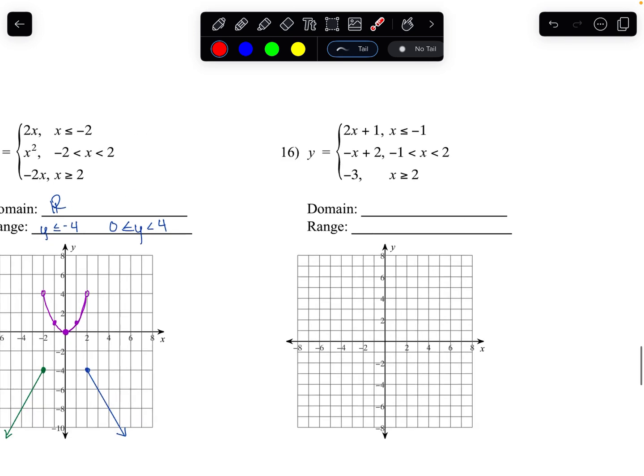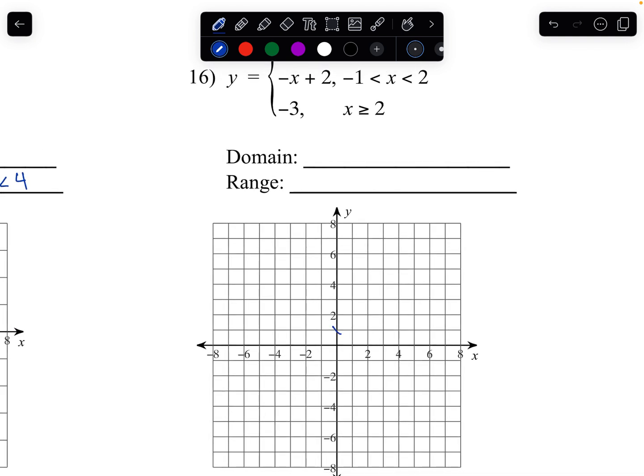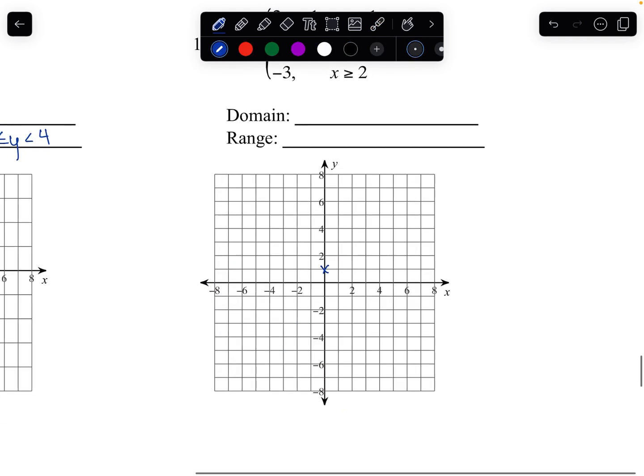Okay, and then for this next part right here, we have 2x plus 1, and then we have x is less than or equal to -1. So 2x plus 1, so that's going to be if we had a point right here, but we only want to draw this to the left of -1, so just to the left of that. It has a slope of 2, so the next part would be right there.